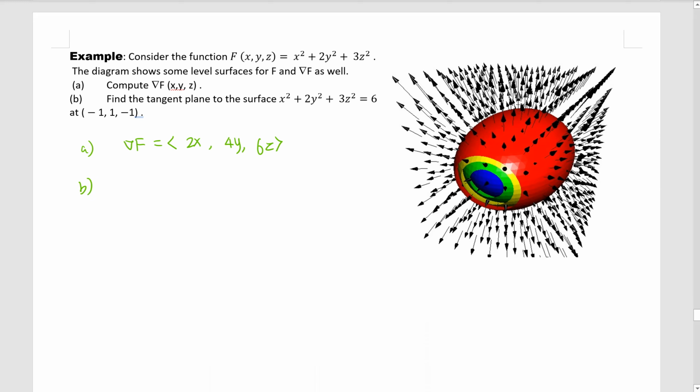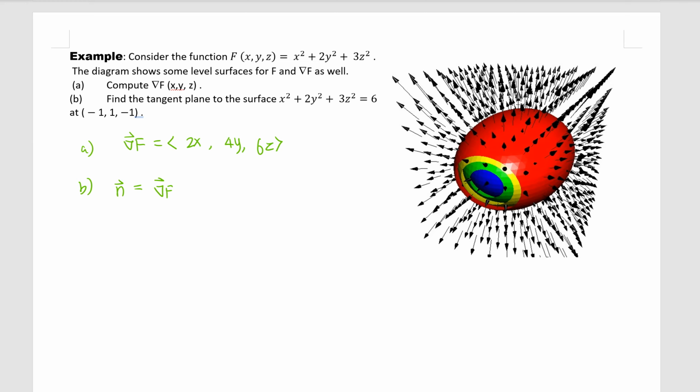How about part B? Find the tangent plane of the level surface f of x, y, z equals 6. Okay, so the normal vector will be the gradient. Sometimes I remember to draw an arrow on the gradient, sometimes I forget.